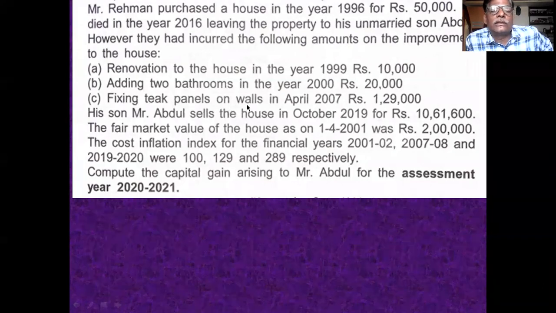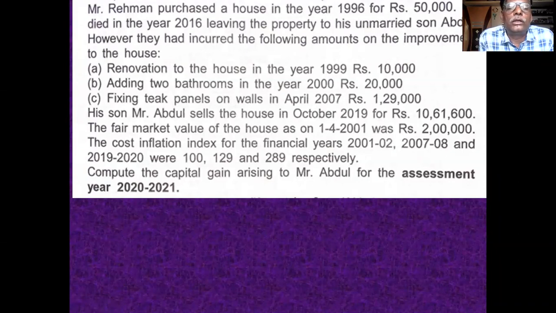Fixing teak panels on the walls in April 2007, rupees 1,29,000. This is the point. April 2007 means 2007-8.